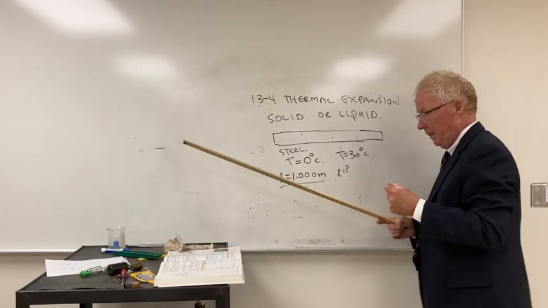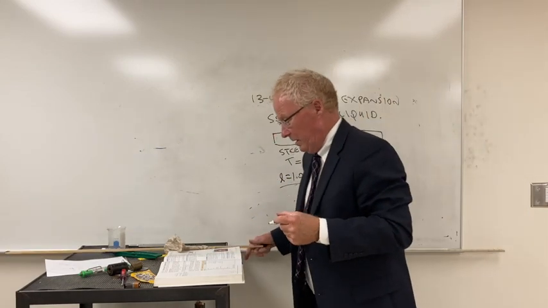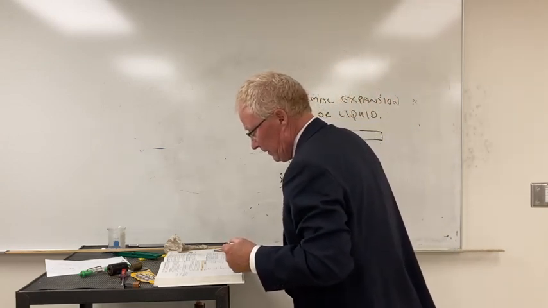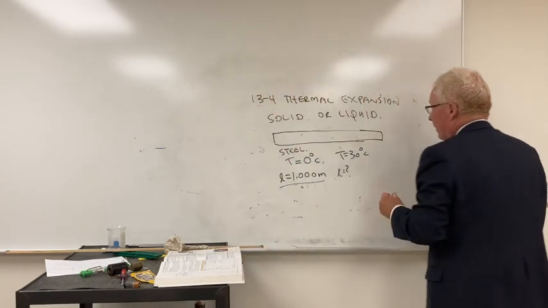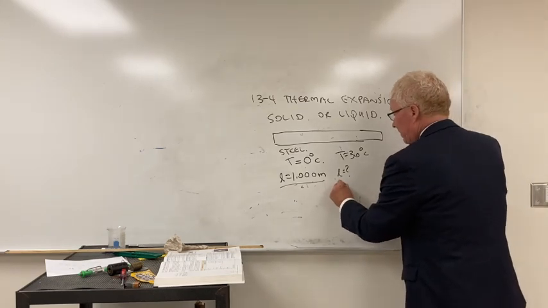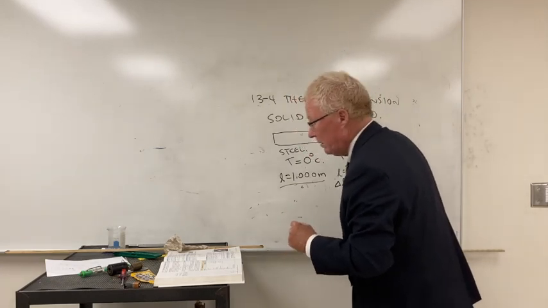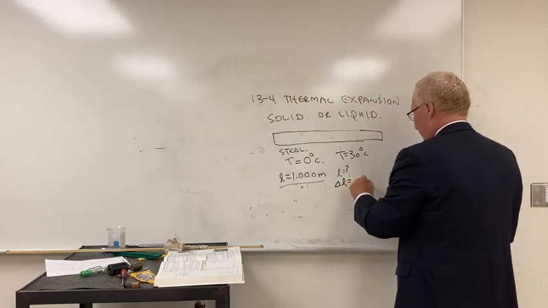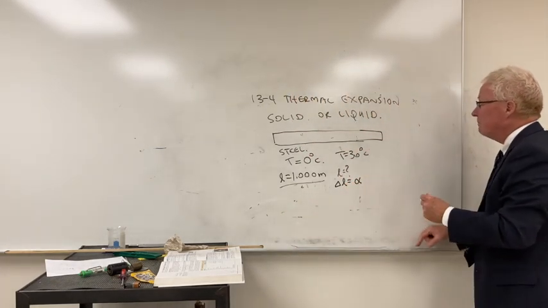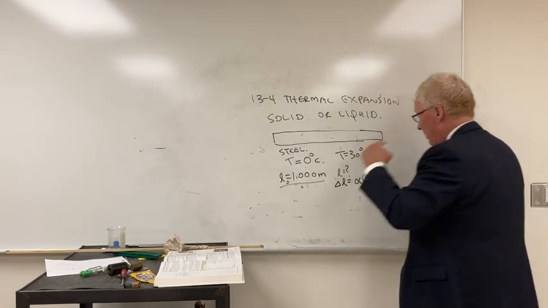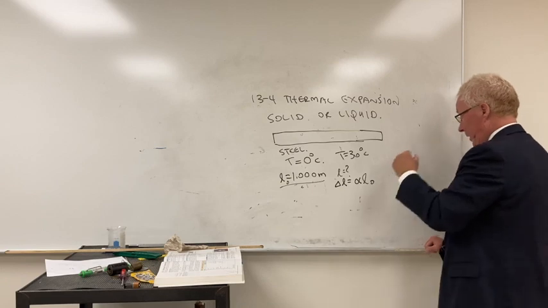Well, for that, we're going to use the relation: delta L, the change in length, is equal to alpha, which is a constant depending on the material, times L naught, times the change in temperature.